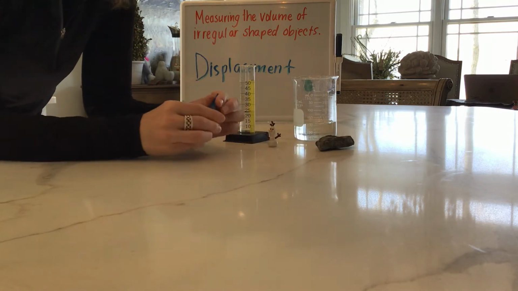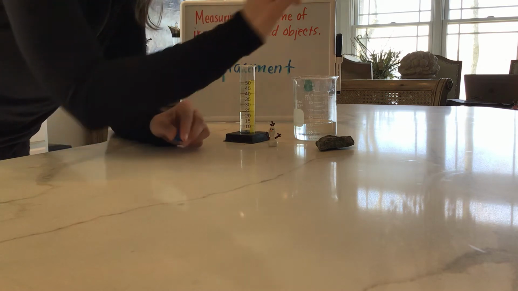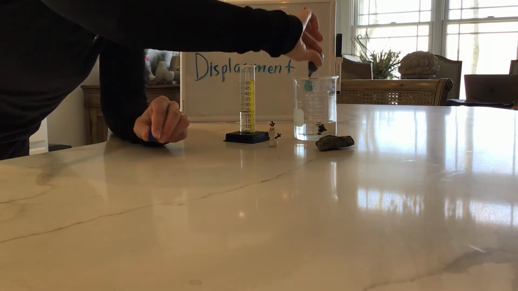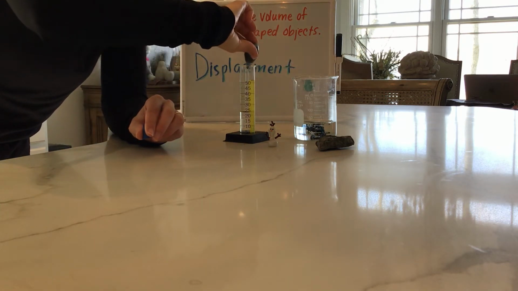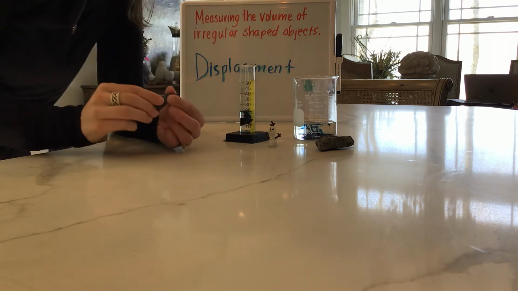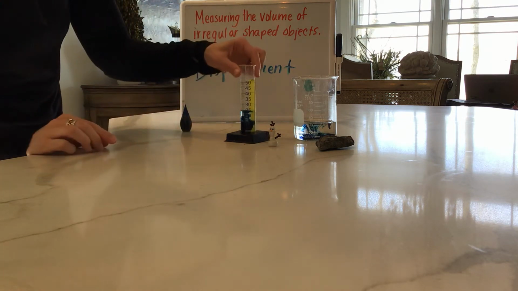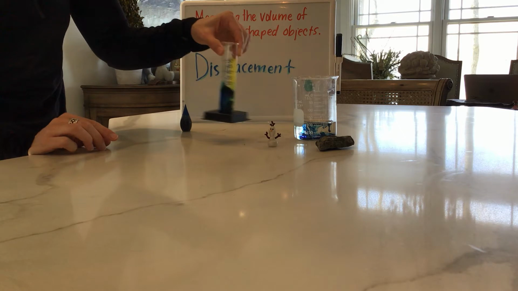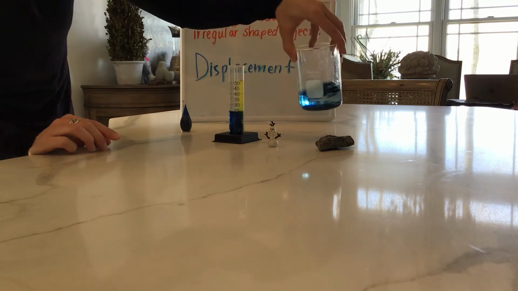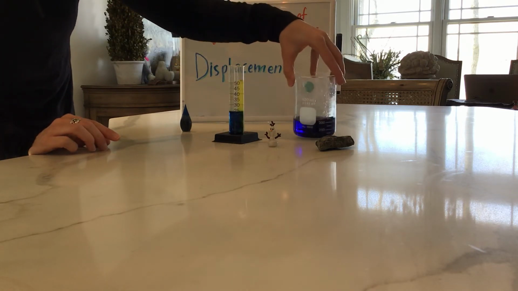So I'm going to take a little bit of food coloring and drop it into my measuring tools. And this will make it a little bit easier to see. I'm going to just stir it around a little bit.